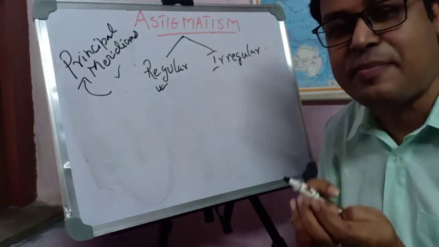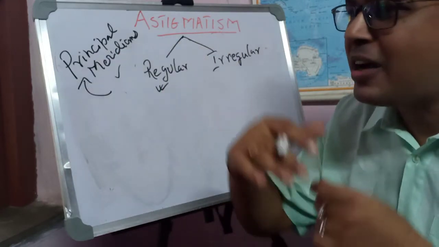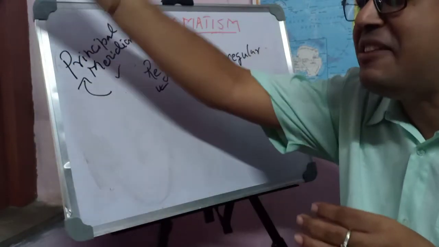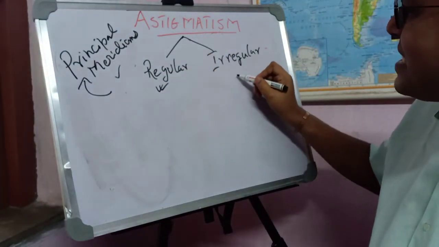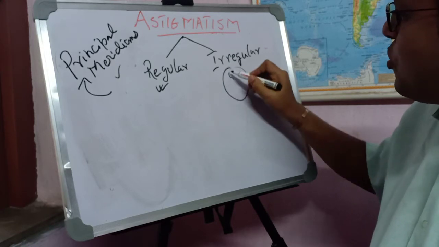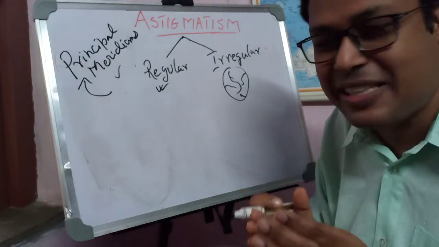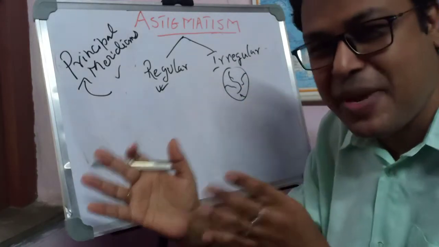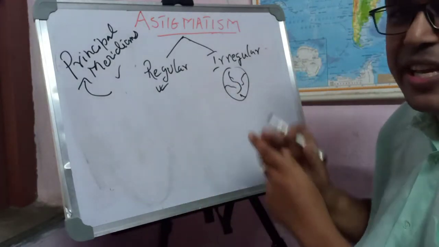Irregular astigmatism is something like walking in a field which has an uneven slope, right? In irregular astigmatism, the cornea is more irregular. You do not know where the steep meridian is. There's no such thing as a steep meridian and a flat meridian which are 90 degrees away. That's irregular astigmatism.